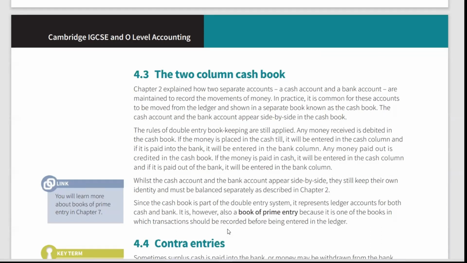Saleh, what about you? Do you know what contra entry is? Sir, it appears in both sides, the credit and debit. Can you give an example? Like, why would that happen? The reason contra entry would exist? In which situation?